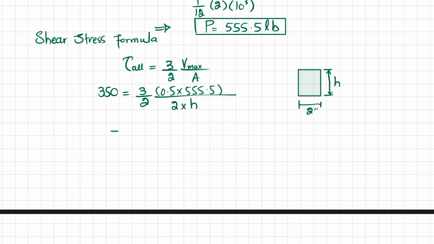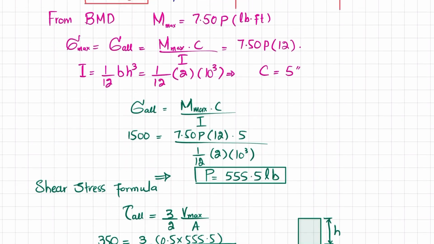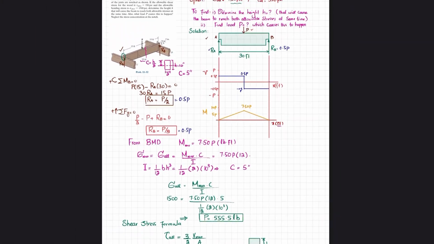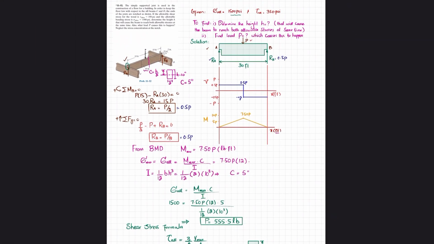Okay, so when you solve this, you will get h equal to 0.595 inch, and this is the required height of this portion of the beam, clear, under which the max allowable shearing stress and normal stress occur at the same time.